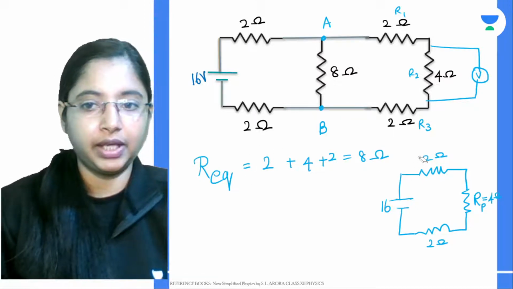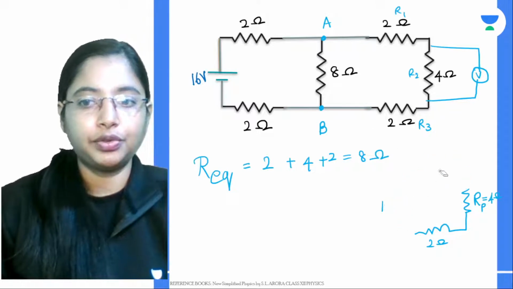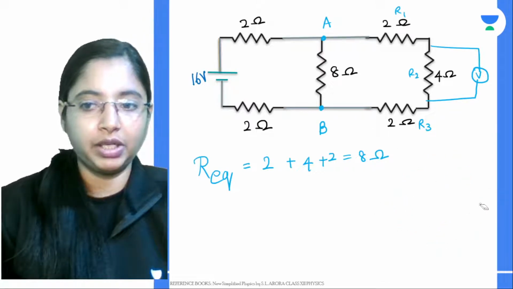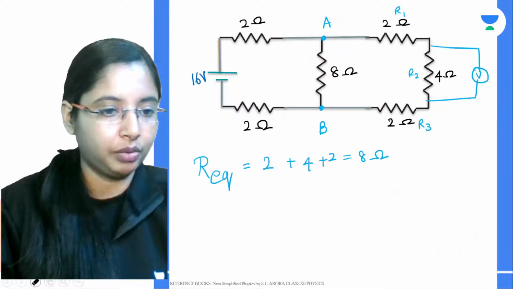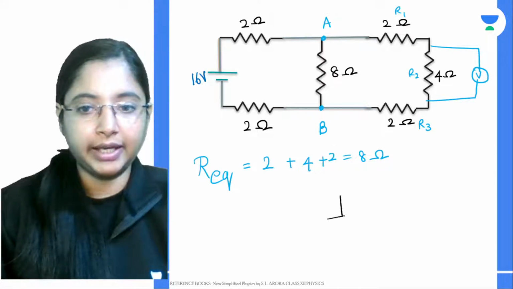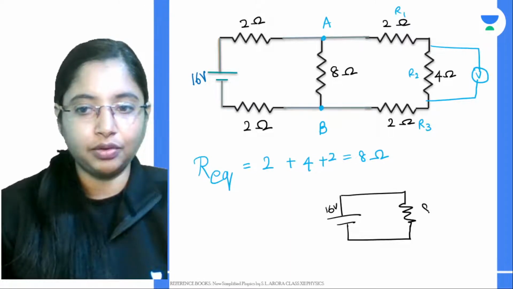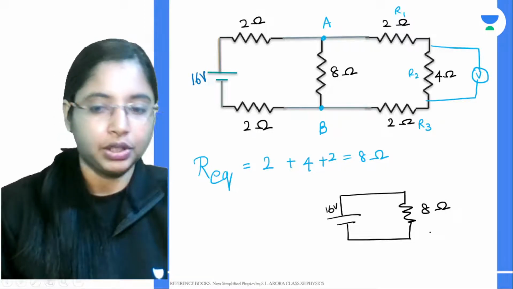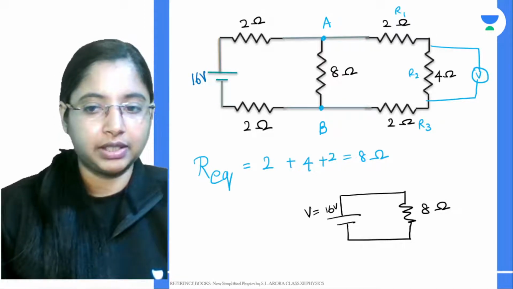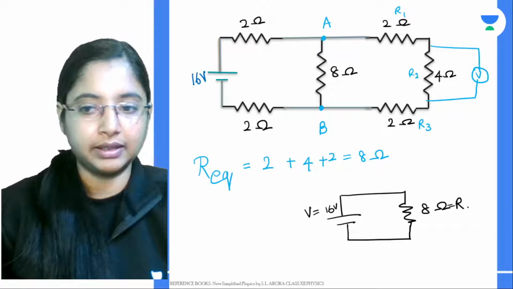Alright, so in total, instead of using so many resistors in combination, you can simply connect this 16 volts battery across one single resistor which has a resistance value of about 8 ohms. Now, you know what the voltage is in this case. You know what the resistance is in this case.